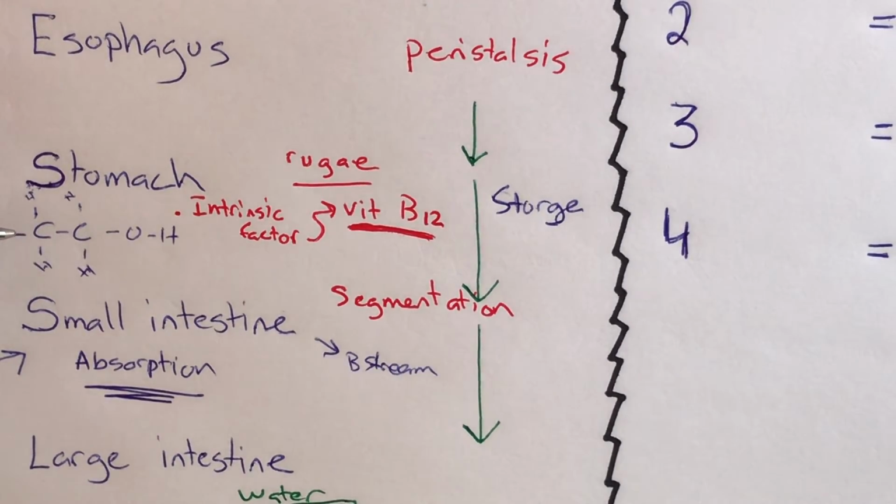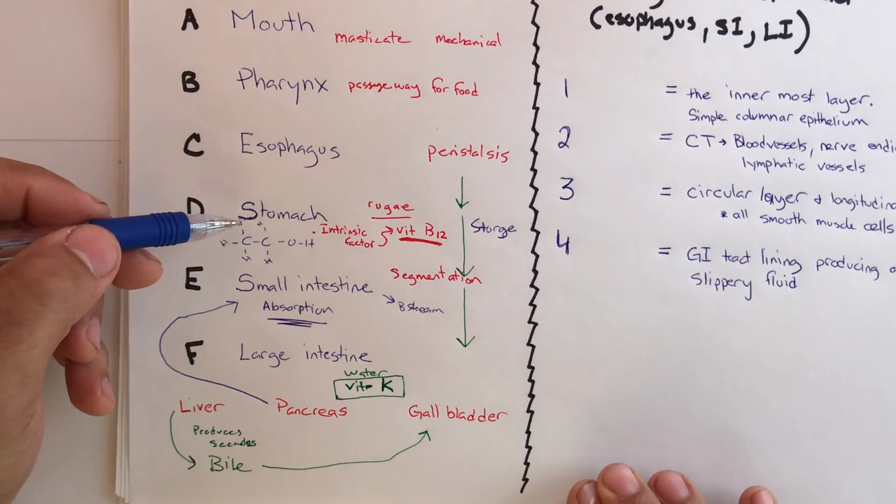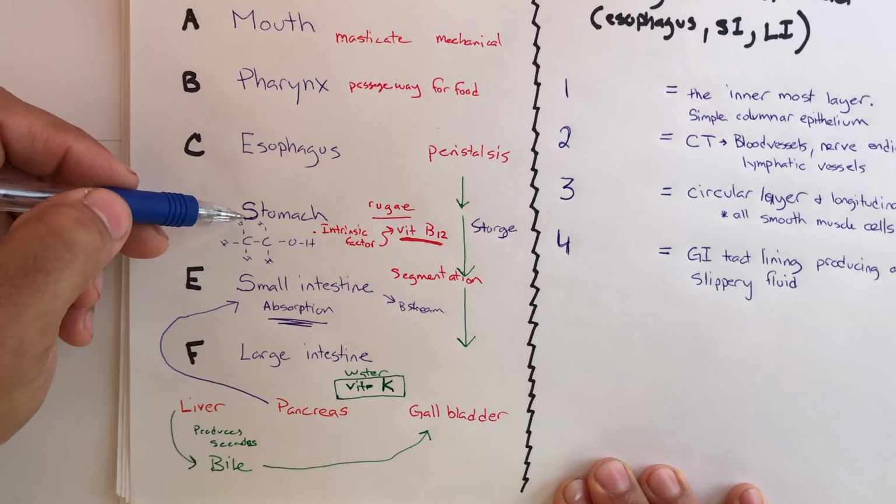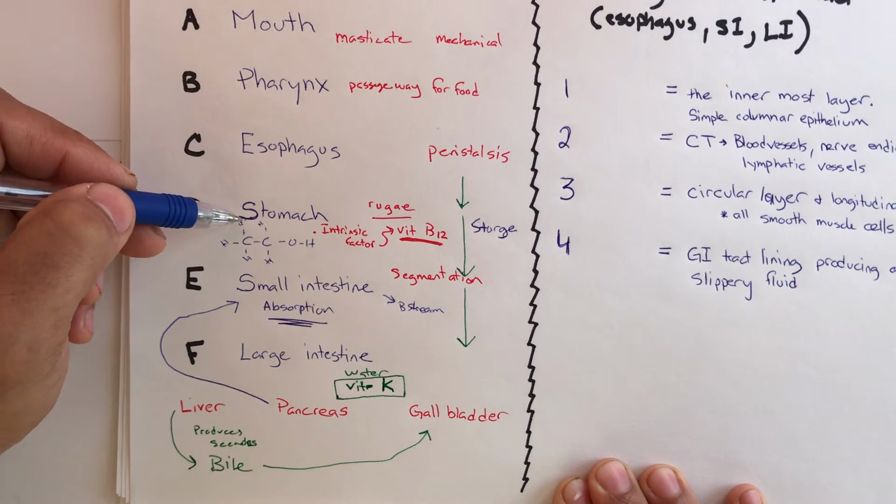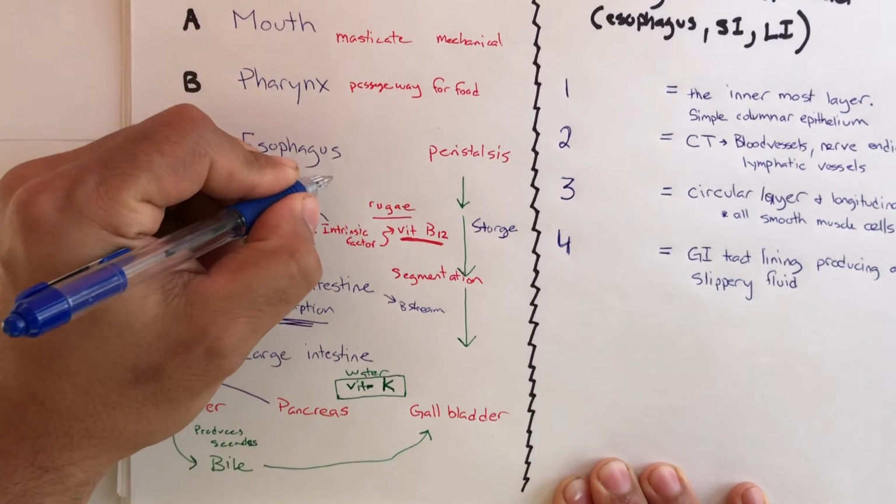The stomach lining is made out of simple columnar epithelium. Simple columnar, if you remember.